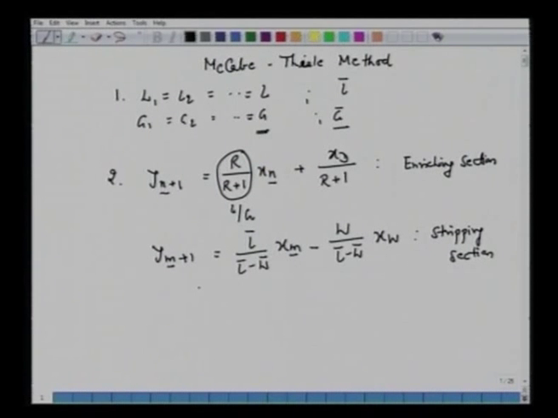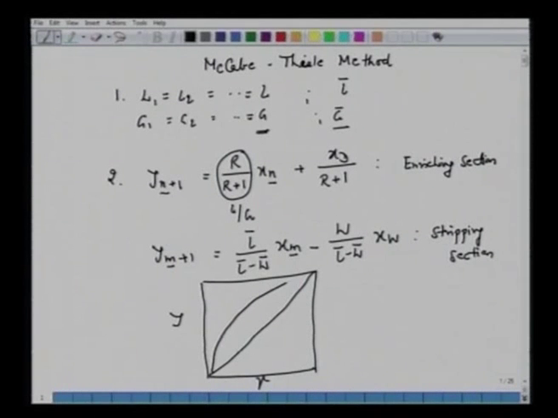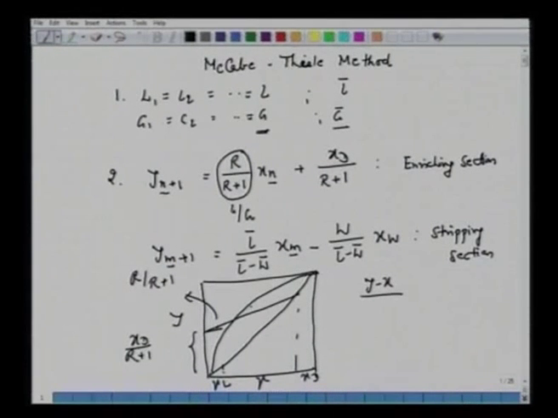If we draw these two operating lines on the y versus x diagram, we have the 45-degree line and the y versus x equilibrium curve given from Raoult's law, etc. We mark xD as the top product and xW as the bottom product. The equation of the first line is a straight line with an intercept xD over R plus 1 and slope R over R plus 1.